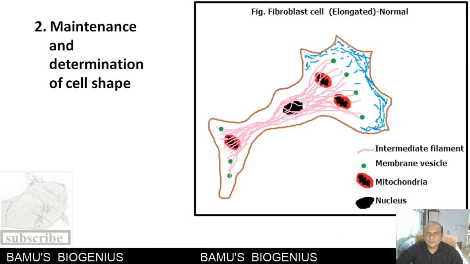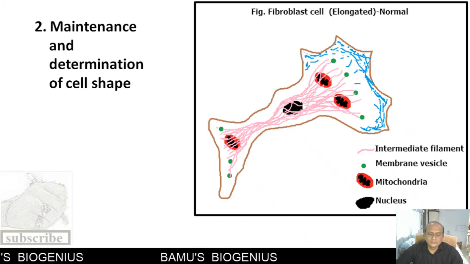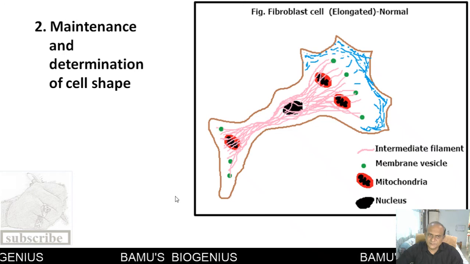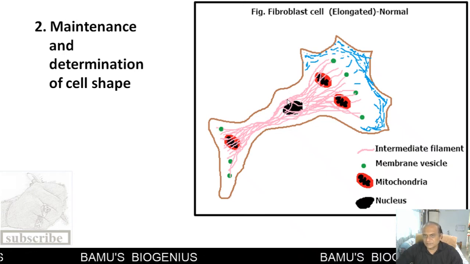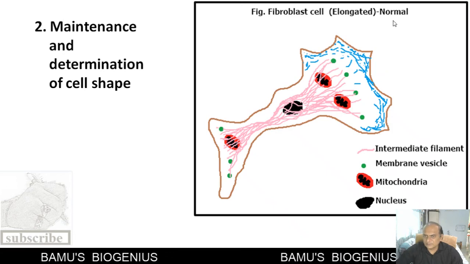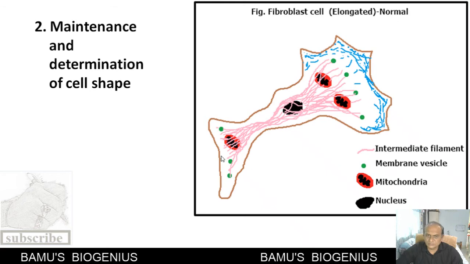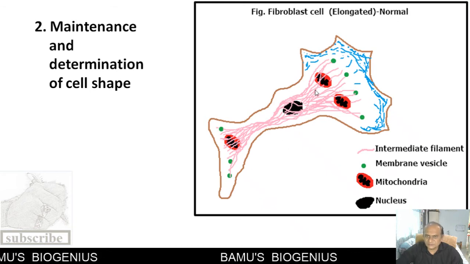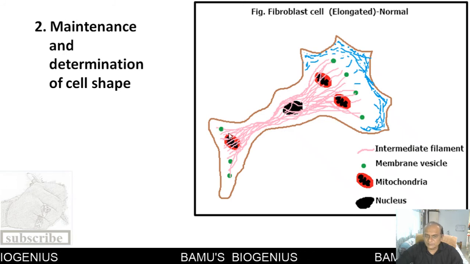Then the second function of the intermediate filaments is maintenance and determination of a cell shape. So you can see here a fibroblast cell. It is an elongated cell. It is normal. So these intermediate filaments are responsible for maintaining a particular type of structure of a cell.